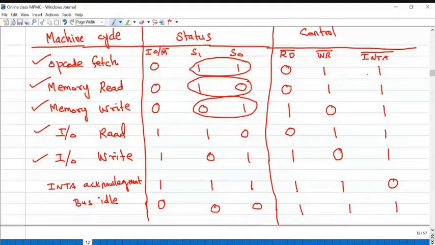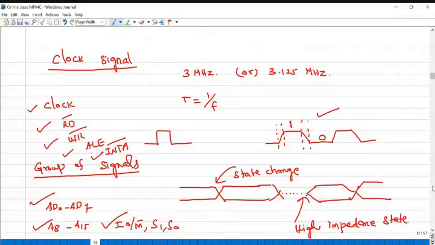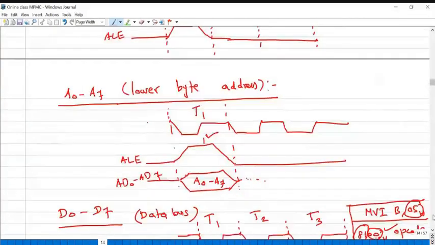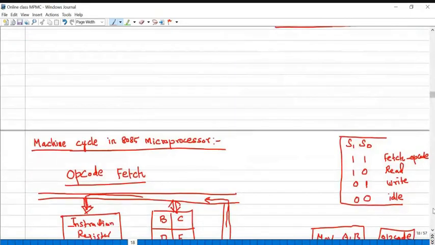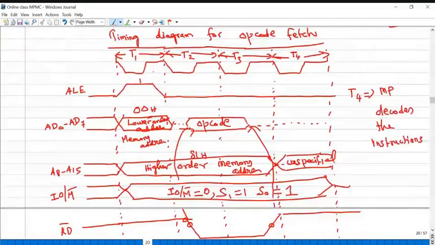Then machine cycle, status lines for opcode fetch, read, write. After completion of the basics, we have drawn the timing diagram for opcode fetch, for only 1-byte instructions. The RST restart instruction is also a 1-byte instruction, but it involves more than one machine cycle.